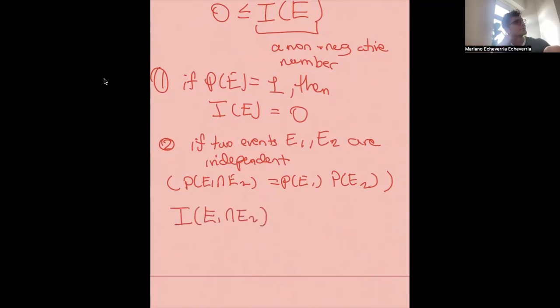So if the events are independent, here you have to think a little bit about what you would like to see occurring. What do you think could be a possibility?